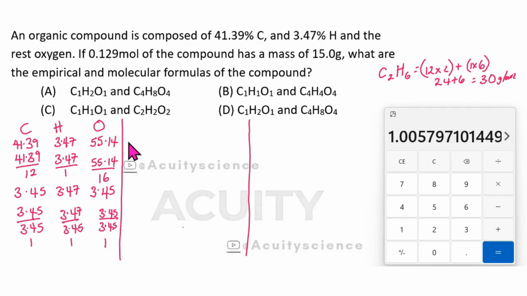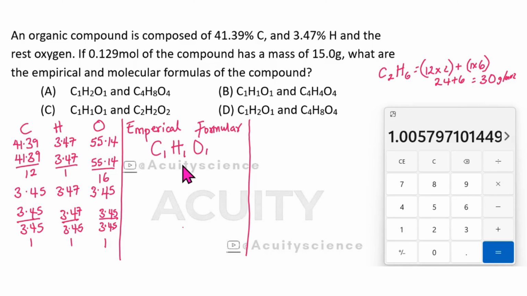Now, an empirical formula is a formula that tells you the ratio of one element to another in a compound. Now, we already have that ratio as 1 is to 1 is to 1. That means carbon is 1, hydrogen is 1, and oxygen is 1.